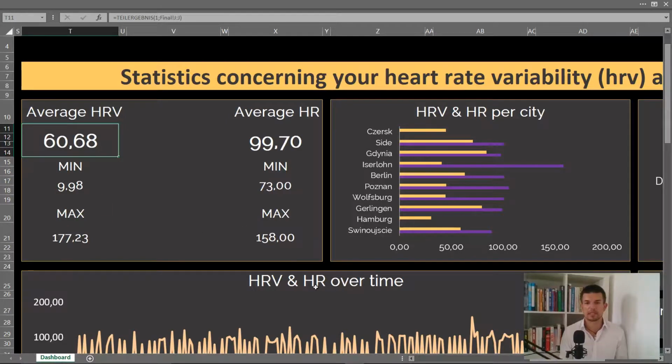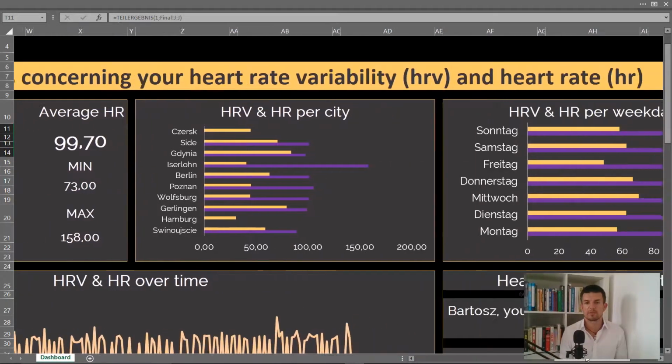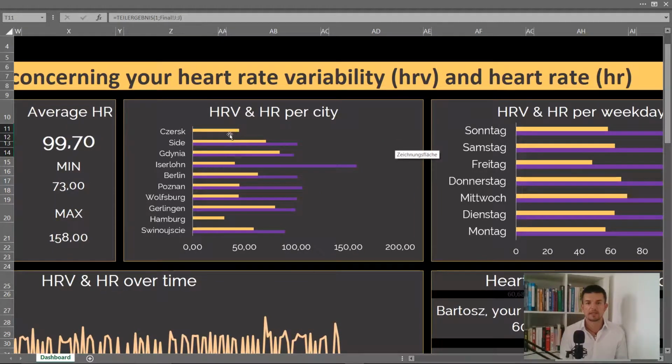Well, let's get into the heart rate variability by city, the yellow one. What we see here is that Side, Gdynia, Berlin, and Gerlingen have a high heart rate variability.